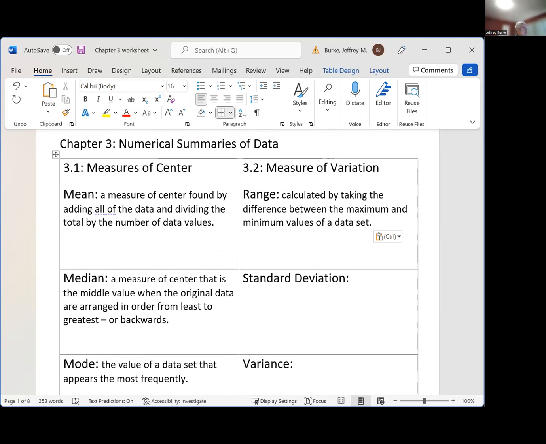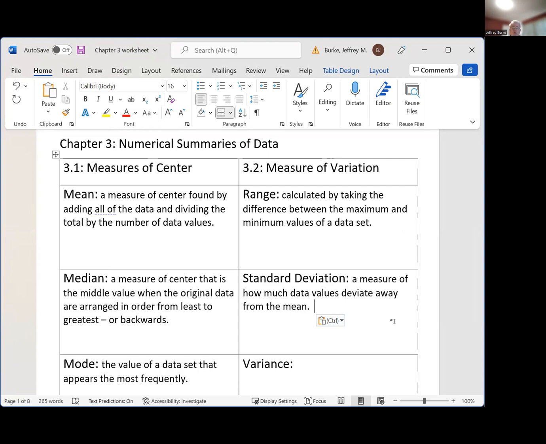The standard deviation, on the other hand, is the gold standard for the work we're going to be doing this semester on the topic of variation. It's a measure of how much data values deviate from the mean. I'll actually show this in class when I talk about standard deviation, because I feel like the video is not going to do it justice to explain how it's calculated.